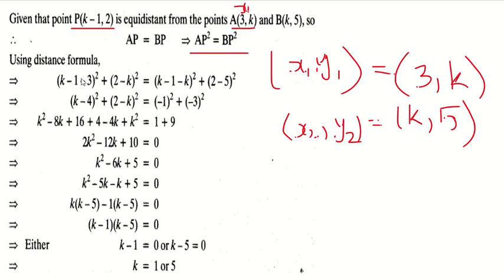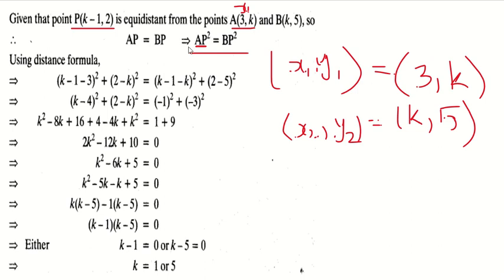Now, as we know, x2 minus x1 the whole square plus y2 minus y1 the whole square. So, what is P over here? For AP, we are taking out x1, y1, and this is x2, y2. So, k minus 1 minus 3 the whole square plus 2 minus k.